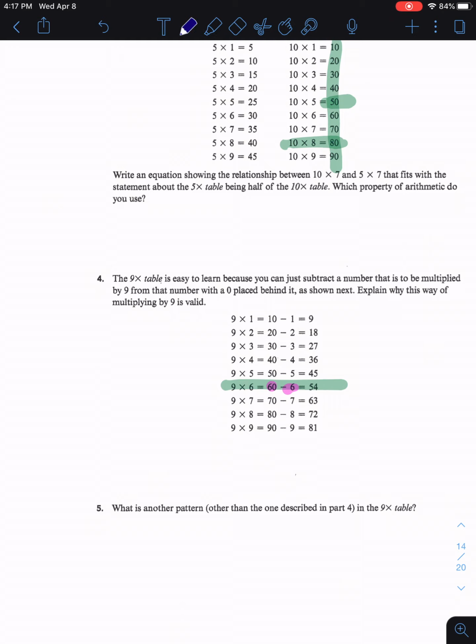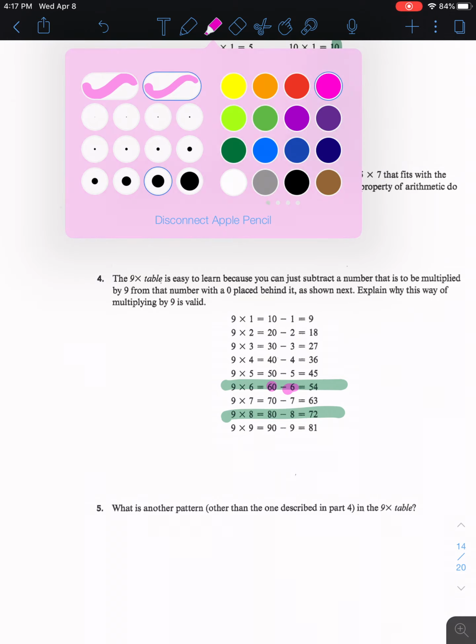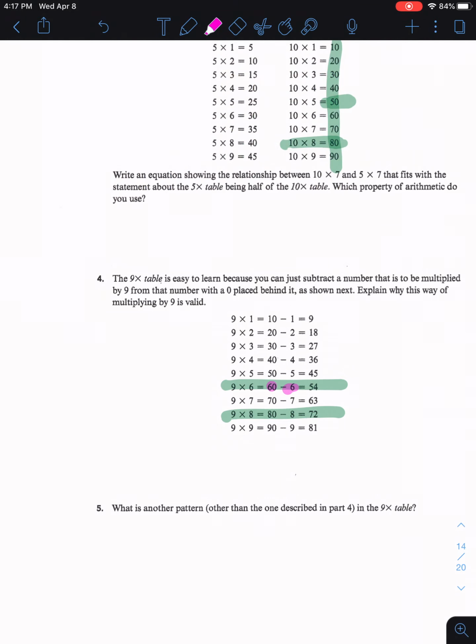And the same thing would be a good strategy for, say, any 9 times. There is 9 times 8, so 9 groups of 8 is 10 groups of 8 minus 1 group of 8. So 72. So there are other patterns for multiplying by 9, and you may know the finger trick, the hands trick. You may know other patterns, but for example, the sum of the digits is always 9.